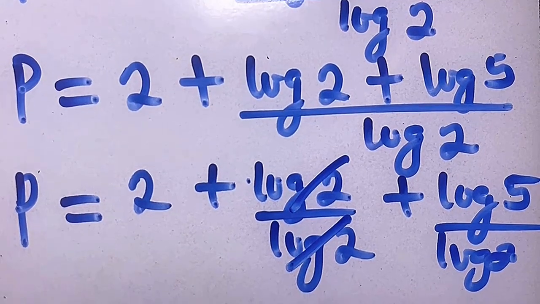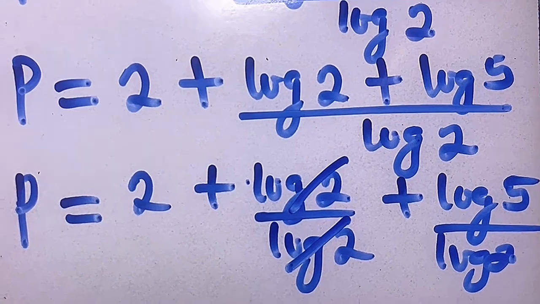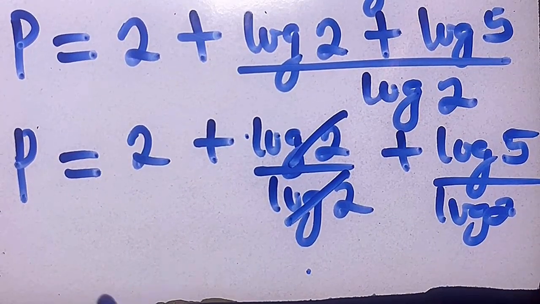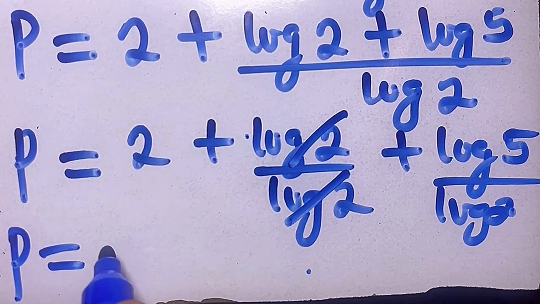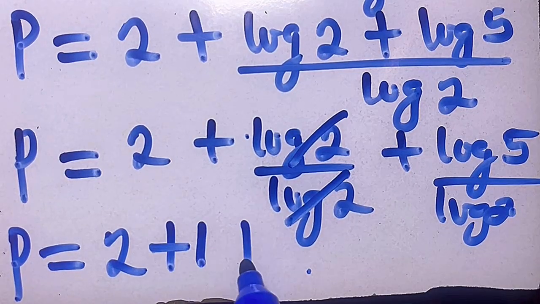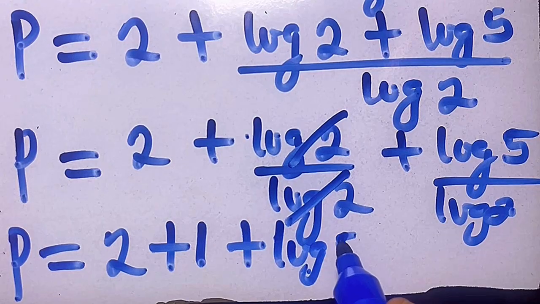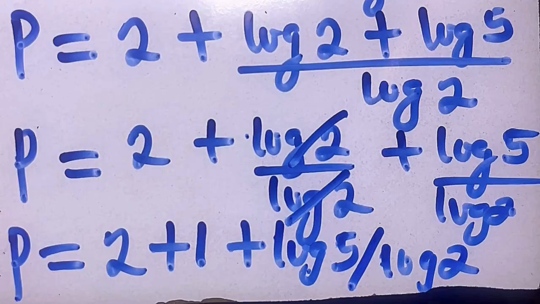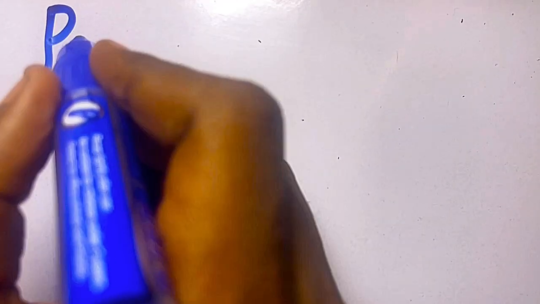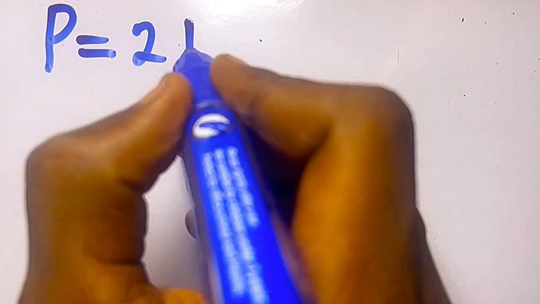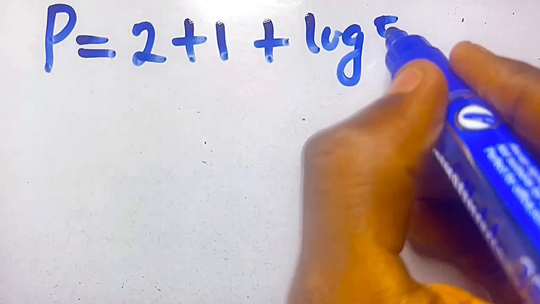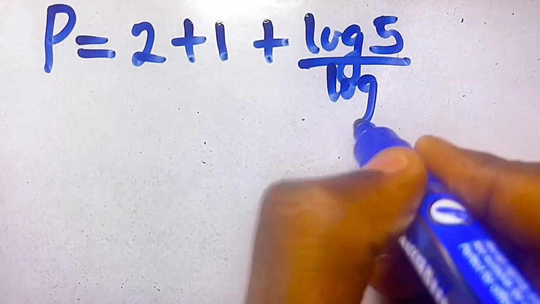So we'll have p equals 2 plus 1 plus log 5 divided by log 2, right? So having p equals 2 plus 1 plus log 5 divided by log 2.